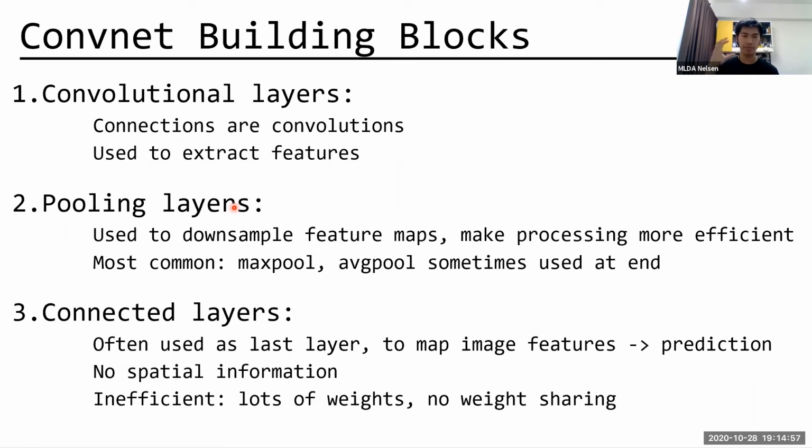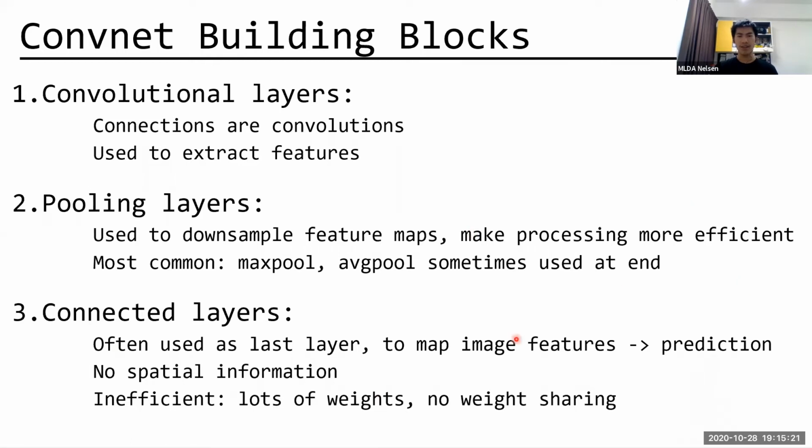So we try to decrease the size of the data, but still keep some of the features from the data itself. And lastly is the fully connected layers, which is normal fully connected neural networks, where all the neurons in the previous layer are connected to the next layer neurons.